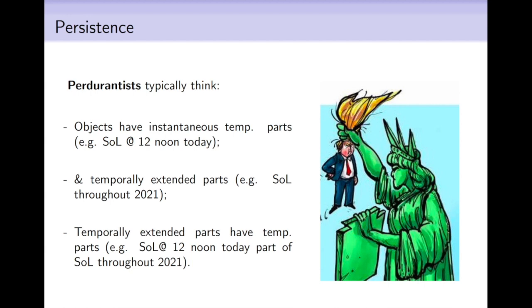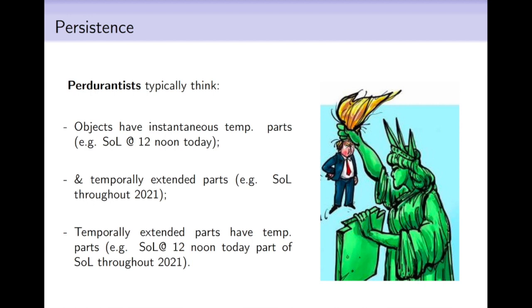So, for instance, the instantaneous temporal part of the Statue of Liberty that existed at 12 noon today is part of the temporally extended temporal part of the Statue of Liberty that exists throughout 2021. So, a simple way of putting it, you can think of ordinary objects as built up out of temporal parts, and those temporal parts are themselves built up out of further temporal parts, all the way till we get down to the instantaneous temporal parts.